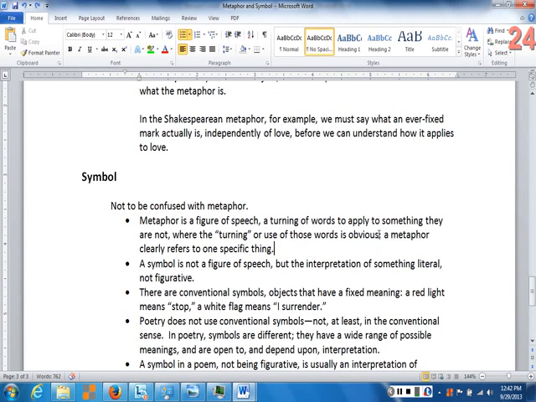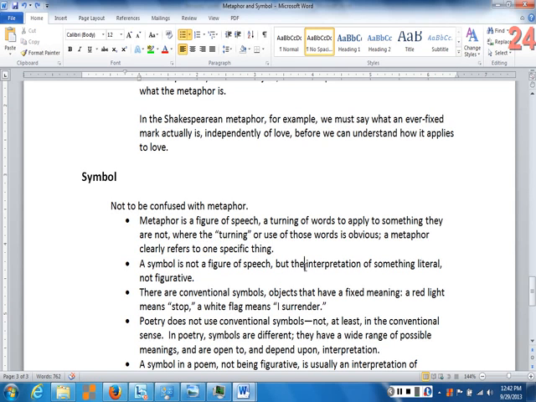Song is the white ribbons being turned and spun and tossed and so on, right? Death is the driver of that carriage, that horse-drawn vehicle and so on, right? We know that because that is specified by the language itself. But a symbol is not a figure of speech.